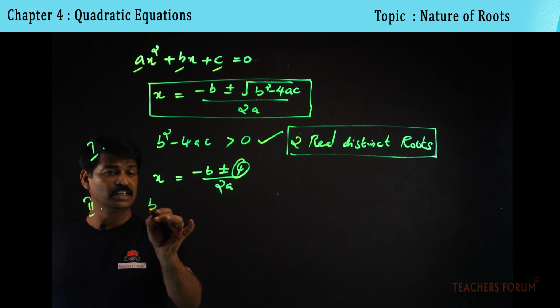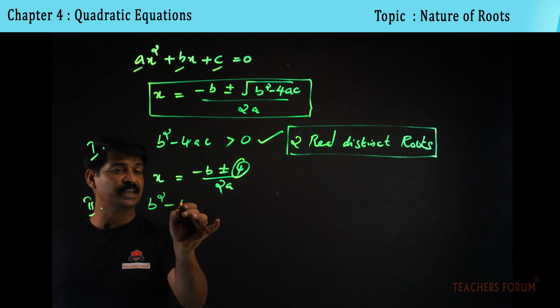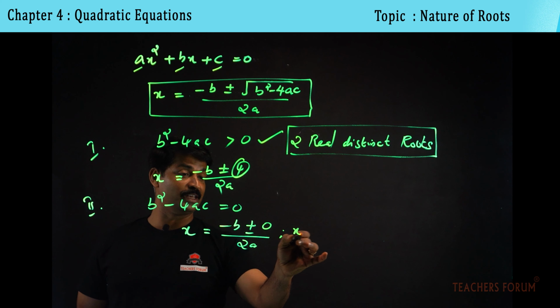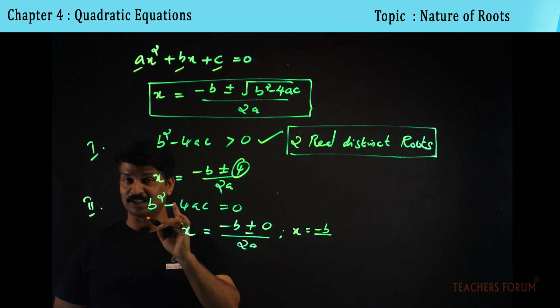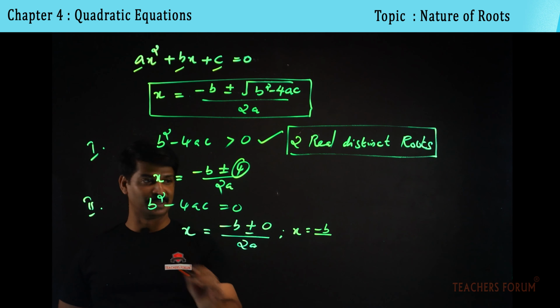The second case: if b square minus 4ac is 0, what happens? What will be the value of x? The value of x will be minus b plus or minus, what is b square minus 4ac now? That is 0, so 0 by 2a. That is, the value of x will be minus b plus 0, that is minus b by 2a, or minus b minus 0, that is also minus b by 2a.